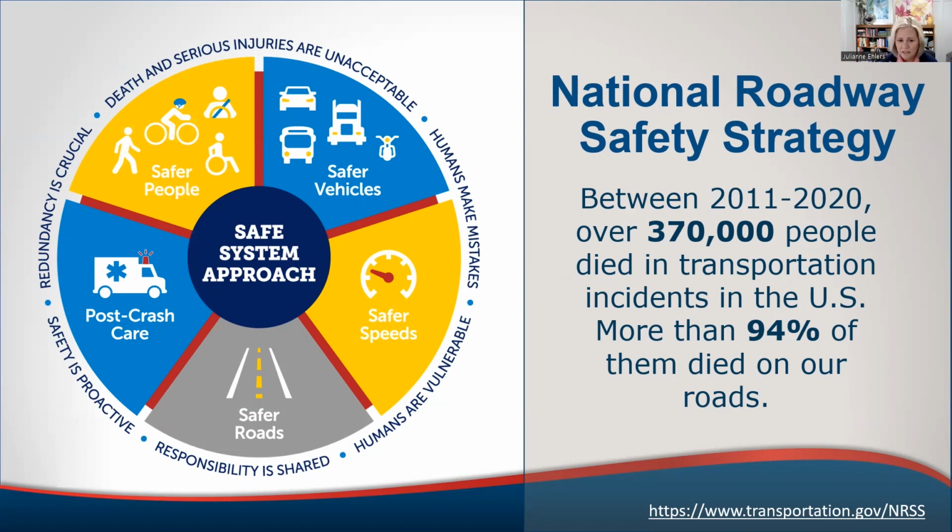Post-crash care has a very specific goal, and that is to enhance the survivability of crashes through expedient access to emergency medical care while creating a safe working environment for first responders and preventing secondary crashes through that robust traffic incident management system.